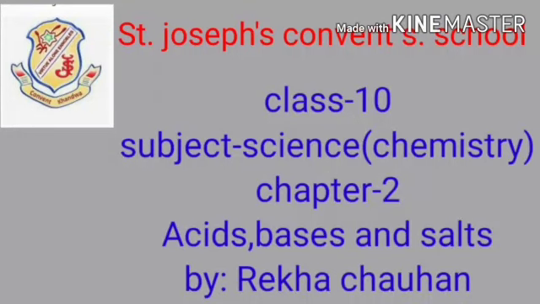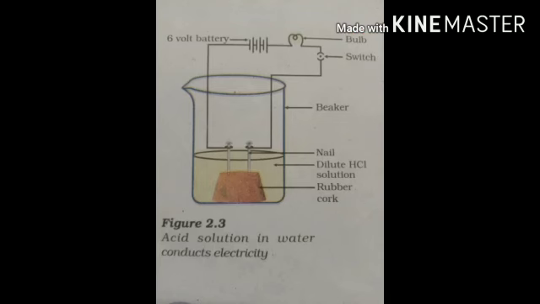Hello dear student. In the last video, we had discussed what all acids and all bases have in common. We had discussed activity 2.8. In this activity, we had seen that electrical conductivity takes place in the case of acids and bases.